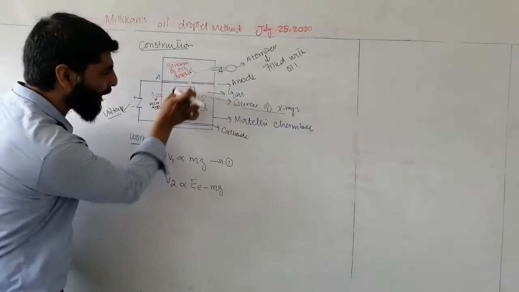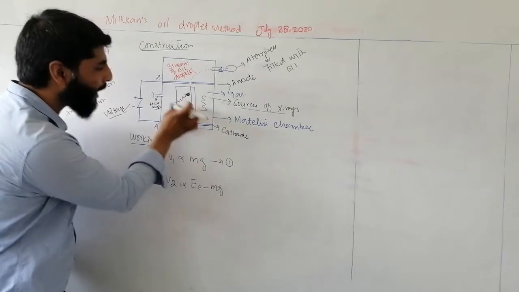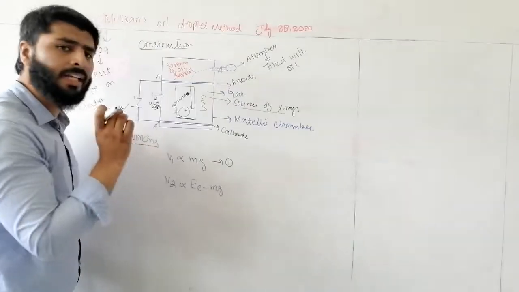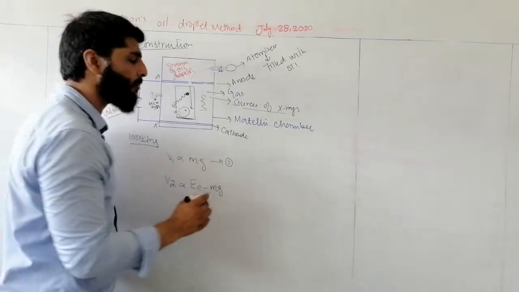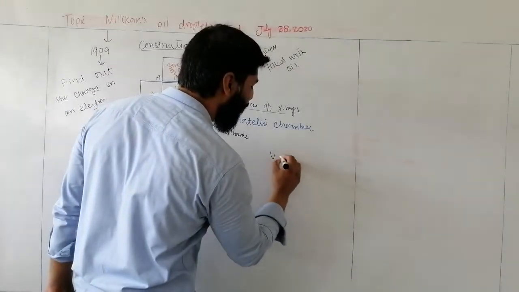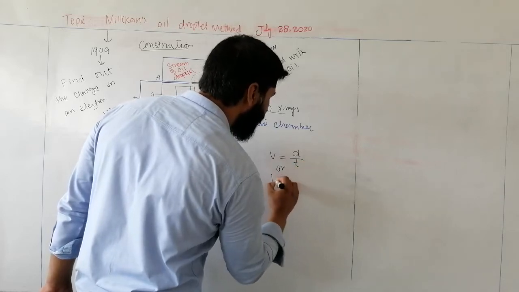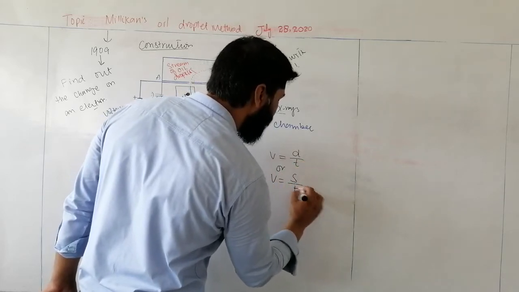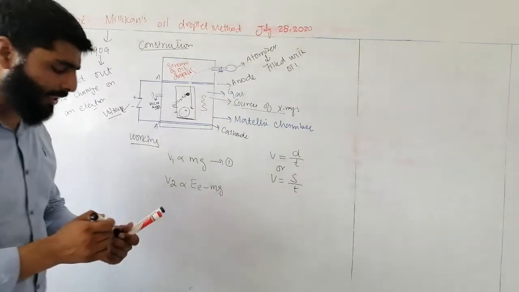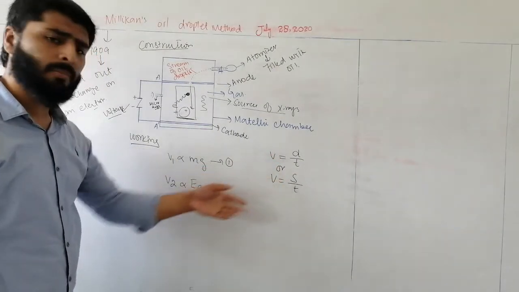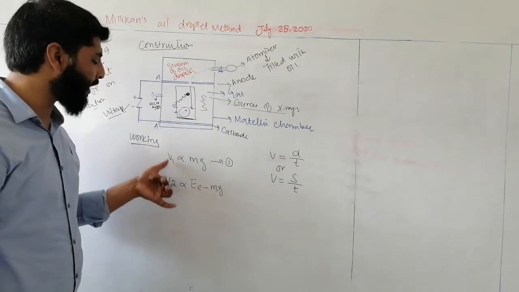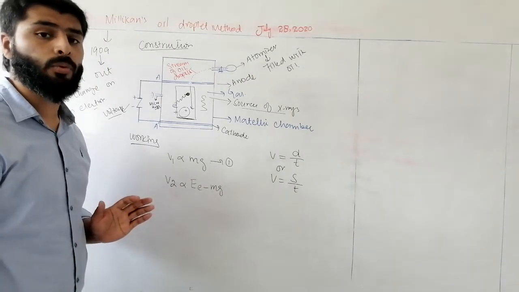By measuring the distance covered by the droplet in a specific time interval, he was able to calculate the velocity as v is equal to d upon t, or v is equal to s upon t. By using these parameters, he was able to calculate the velocities v1 and v2.